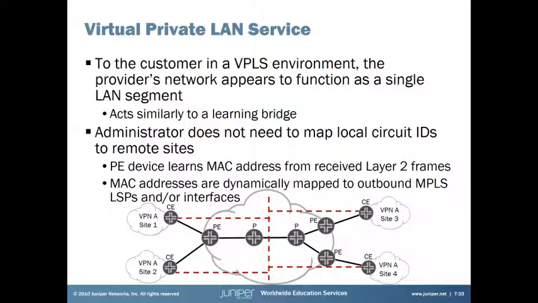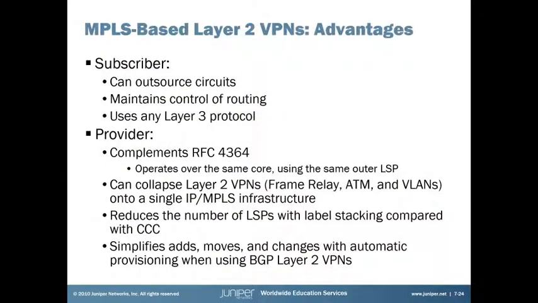Virtual private LAN service really makes the whole provider network look like a great big switch. Basically the routing is provided by the customer and the connectivity is provided by the service provider. So what are the advantages of these to the subscriber?